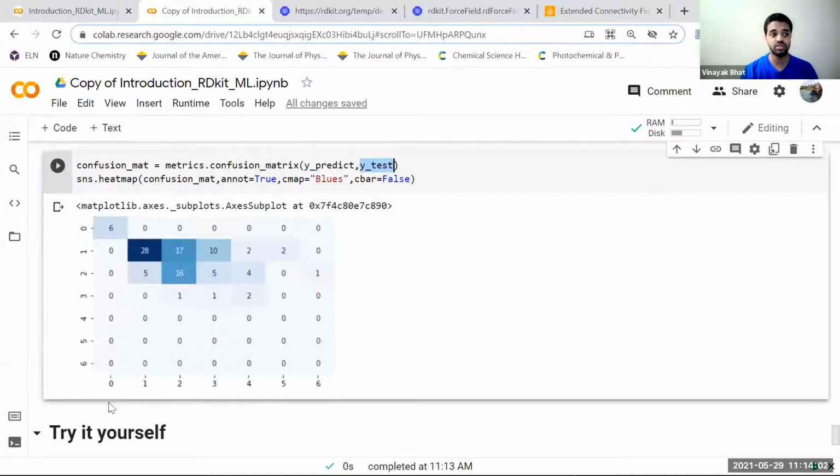Something that is truly 0 wings is actually classified as 0 wings. So it's 100% accurate for molecules with 0 wings. If you go to the number of wings that are 1, there are 28 plus 5 molecules which have 1 wing, but it predicted 28 of them to be 1 wing and 5 of them to be 2 wings.